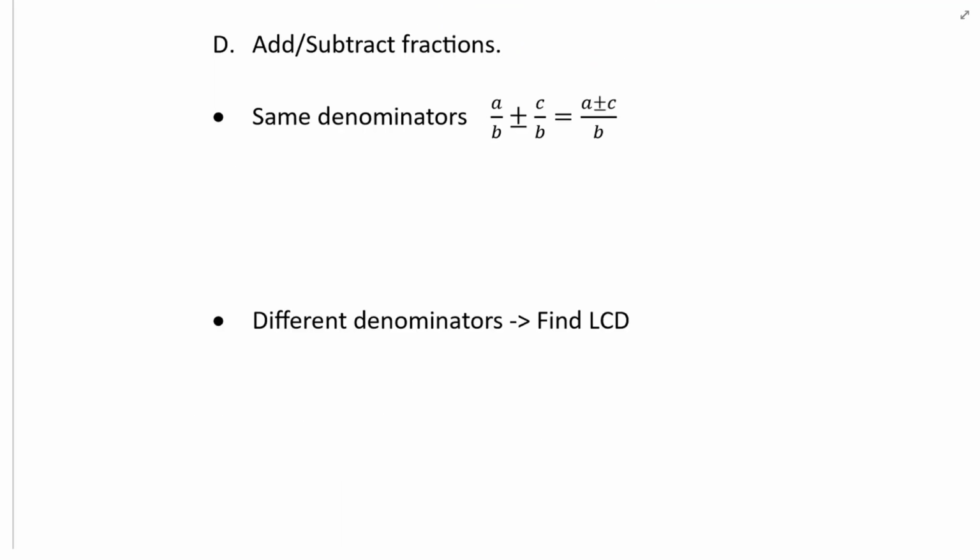Now that we learned how to multiply and divide fractions, let's talk about adding and subtracting fractions. So there are two situations. The first situation is when we have the same denominator, so A over B plus or minus, depending on the problem, C over B. So B is the denominator, and it's the same for both fractions.